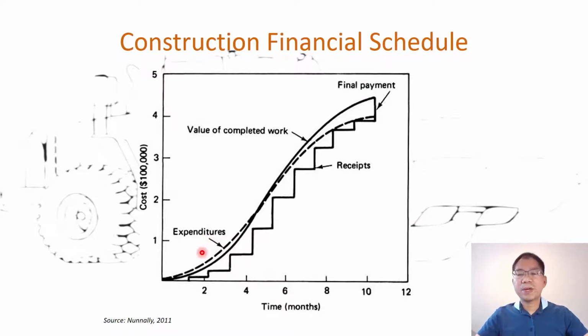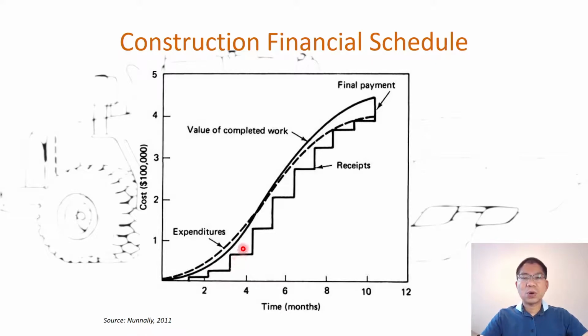So here we have three curves. The first is the expenditure, the cost the contractor spends for the project, the solid line, and the dashed line, the costs, and of course the markup and profit included in the costs. After the cost, we call it the value of work. So the contract value is the project costs plus the markup. And the contractor will receive money from the client, and that receipt, as you can see, always tends to have some delay.